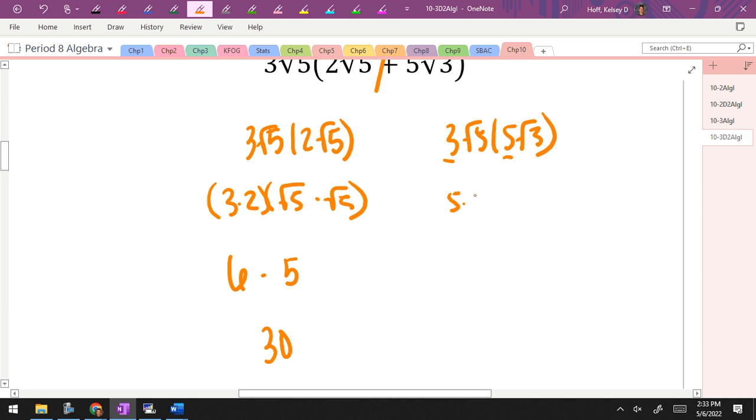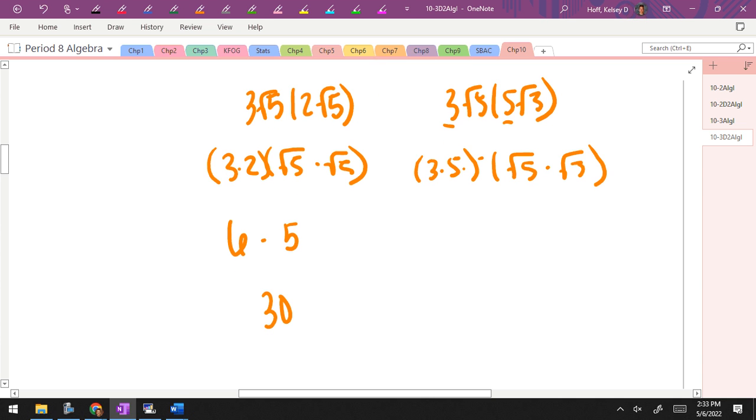I've got 3 times 5. And I've got square root 5 times square root of 3. 3 times 5 is, and then square root of 5 times square root of 3, that's what? 15. Can you break down 15 any further?